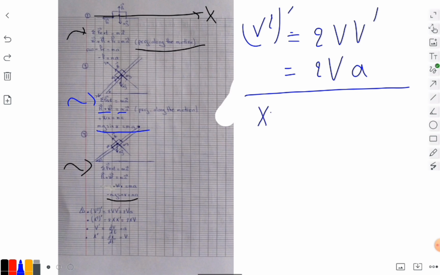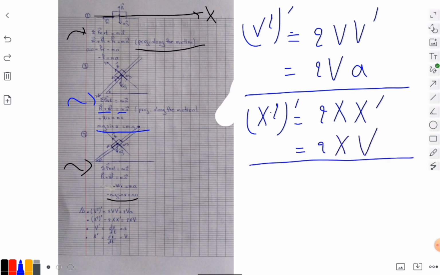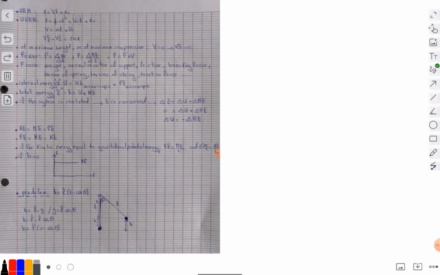The derivative of x square is 2x x prime, and the derivative of x is v, so the derivative of x square is 2xv. The derivative of v is a, and the derivative of x is v. And dv over dt is the symbol of the derivative of v, and dx over dt is the symbol of the derivative of x. Okay.